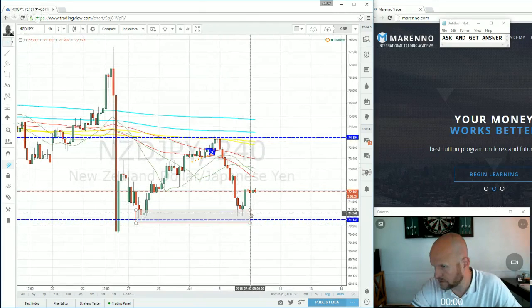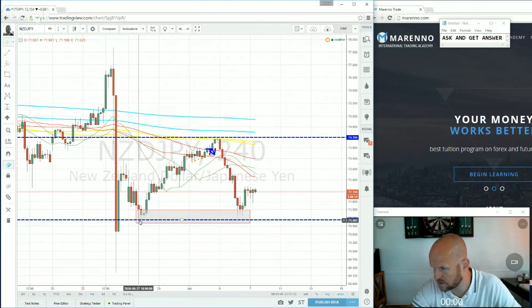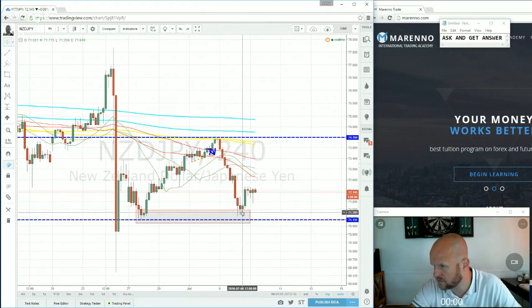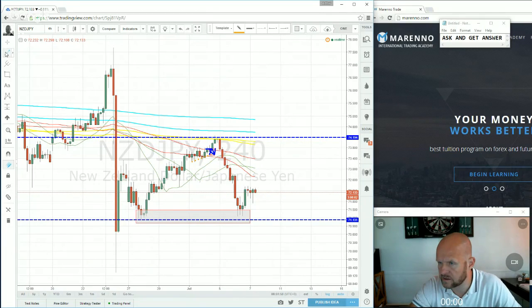Okay, what's here? It's New Zealand yen. We are seeing some kind of bounce here, but this level has not been cleared. This low here has not been cleared yet. So again, it might be a third wave of the present move appearing here.